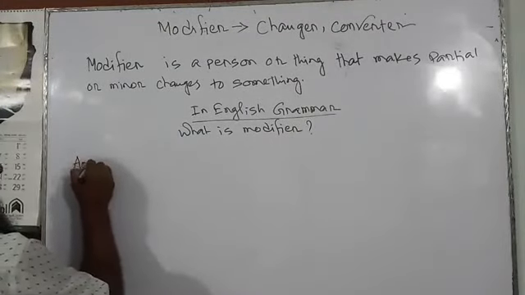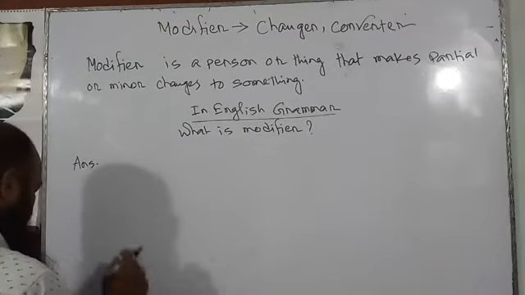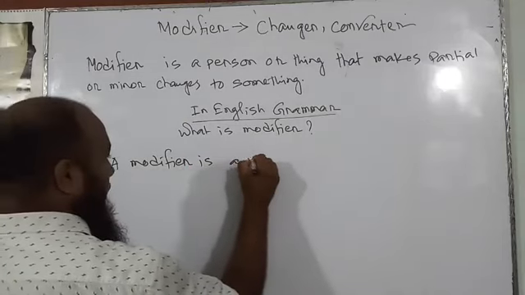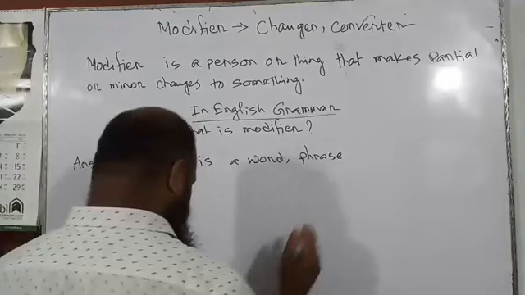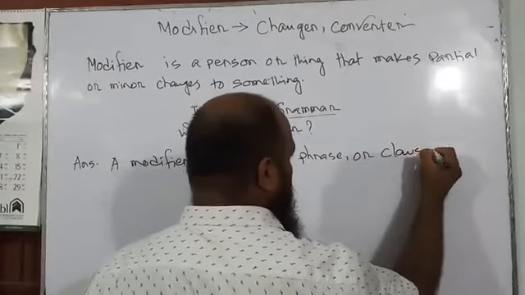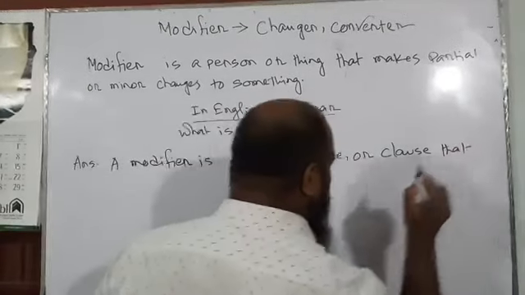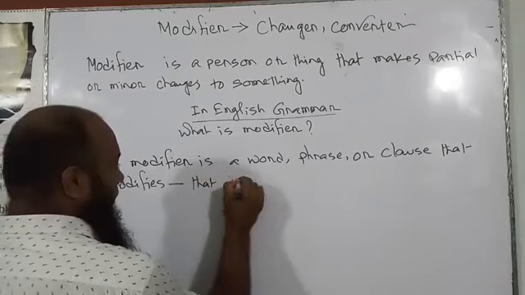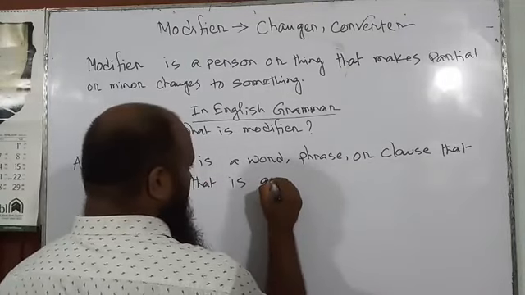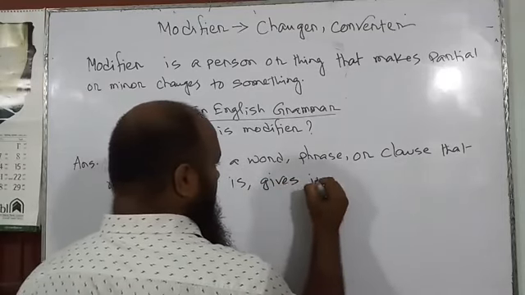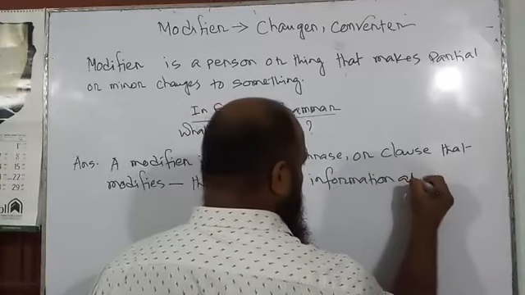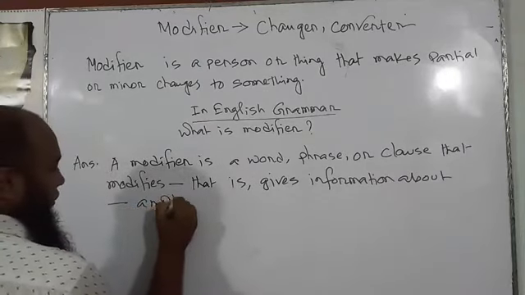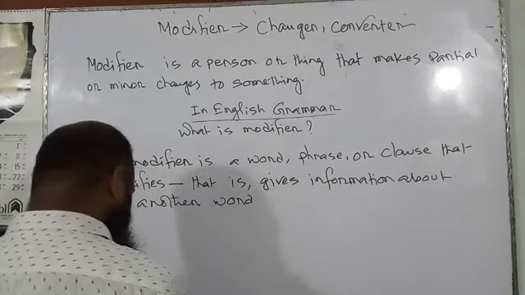Answer: A modifier is a word, phrase or clause that modifies, that is, gives information about another word in the same sentence.